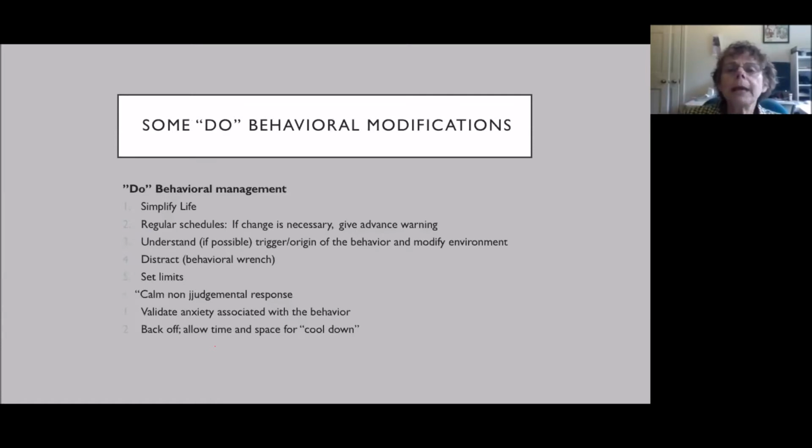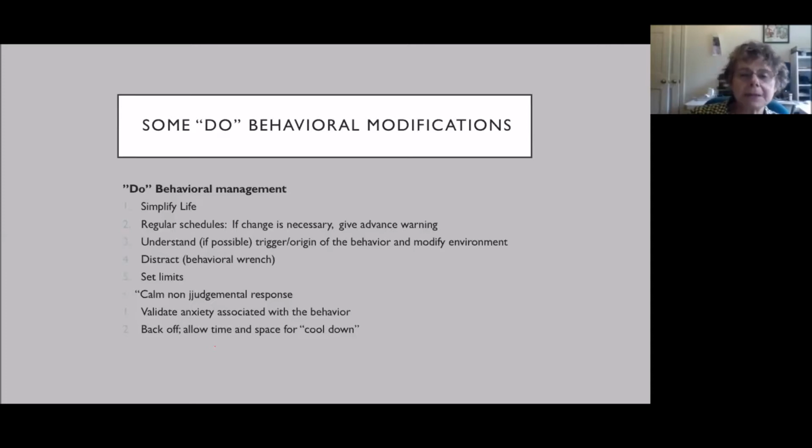So, behavioral modifications: simplify, simplify, simplify. Regular schedules that include more time for change. If change is necessary, if something comes up where you have to change a schedule, if possible, give advance warning.